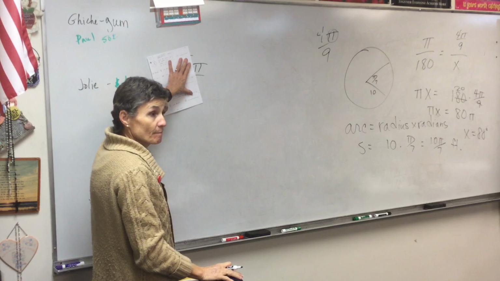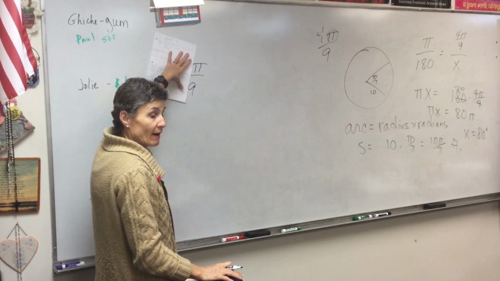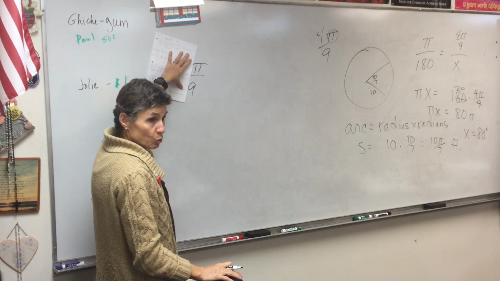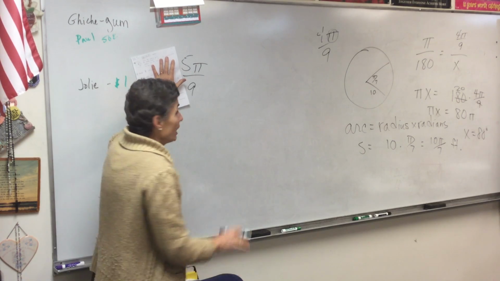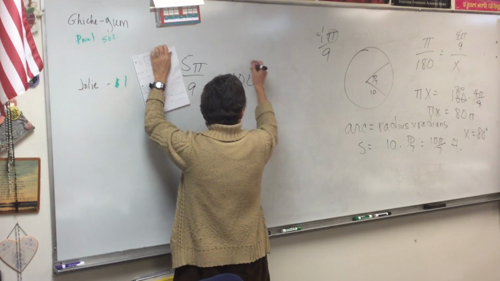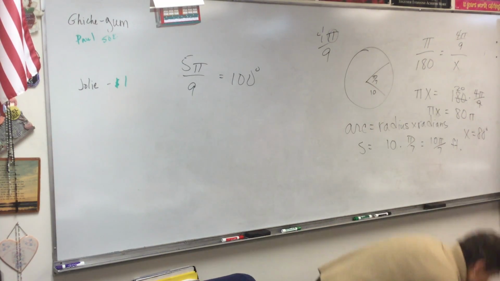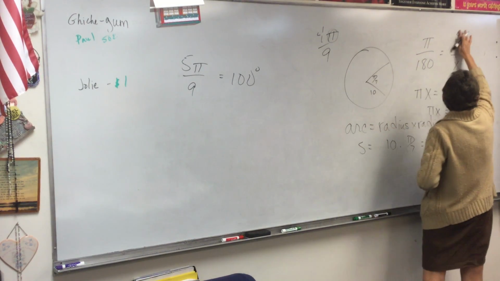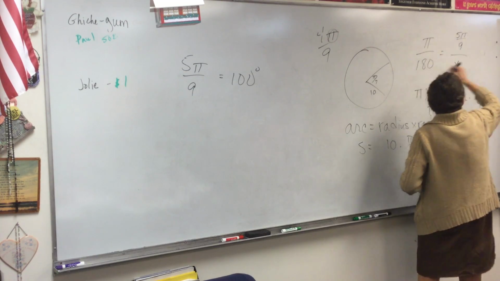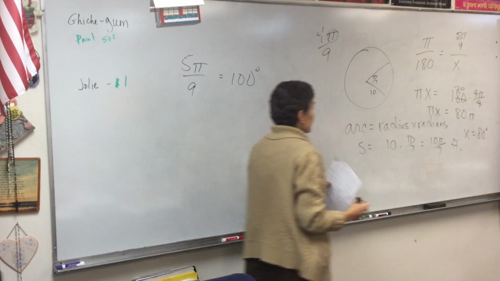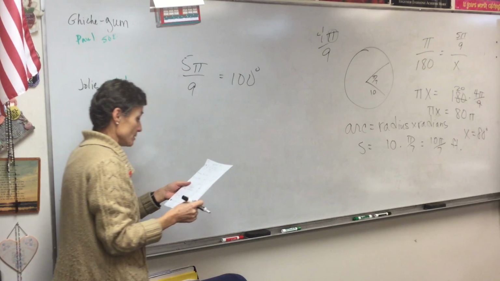Pi is 180 divided by 9, 20 times 5, 100. So this is the same as 100 degrees. Or if that doesn't make sense to you, you can just set up this proportion right here, cross multiply and solve, and you'll get 100 degrees.